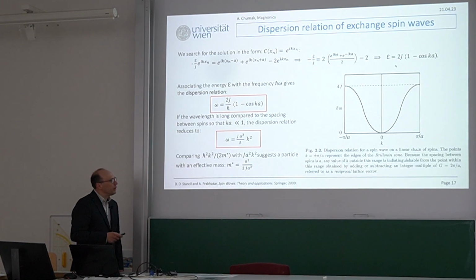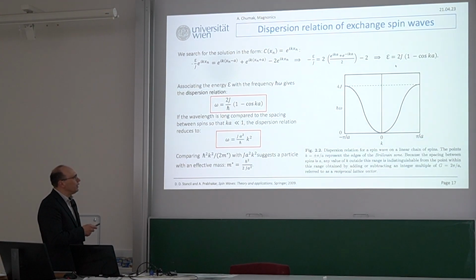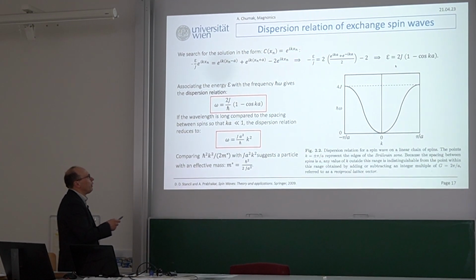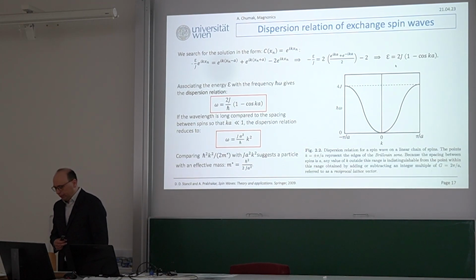And also what you can see in the slide is that simply by comparing this omega with a value where you just take momentum, ħ²k² divided by 2m*, where m* means the effective mass of the magnon.